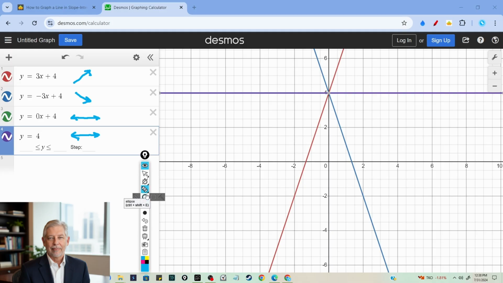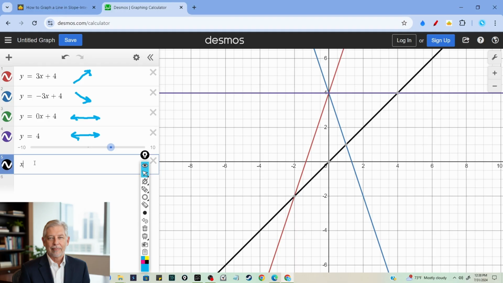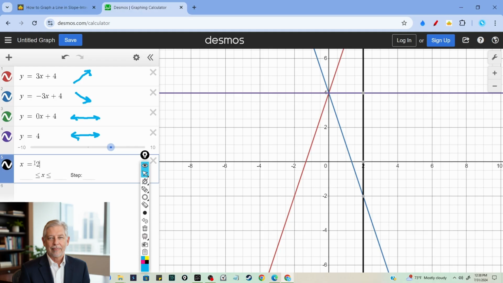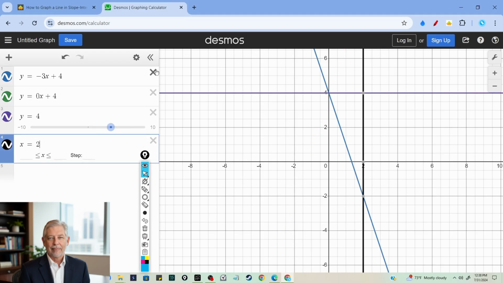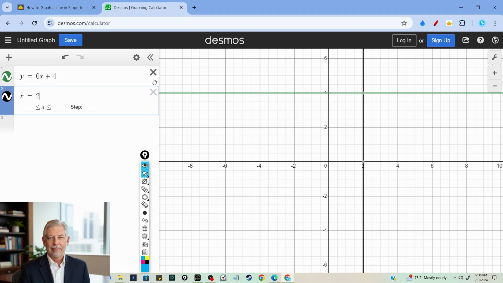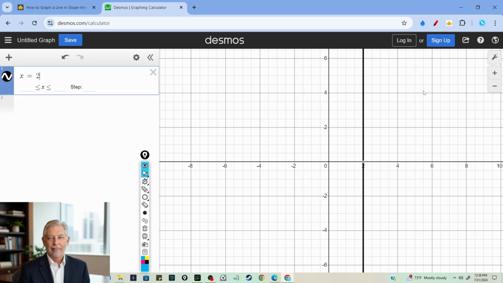A vertical line is when you'll have something like x is equal to 2. That's a vertical line. I'm going to get rid of these other ones, and we're just going to look at when the slope doesn't exist. A vertical line, you don't have a slope.